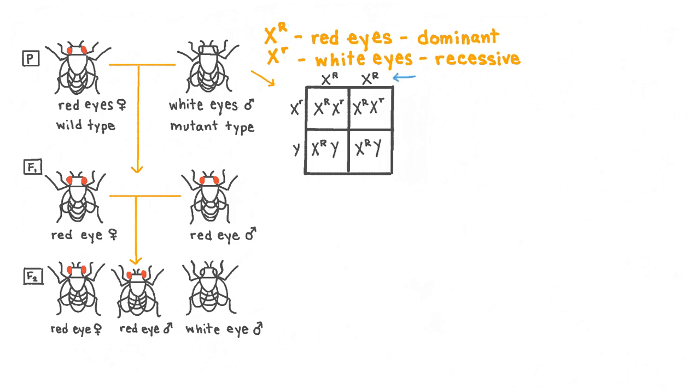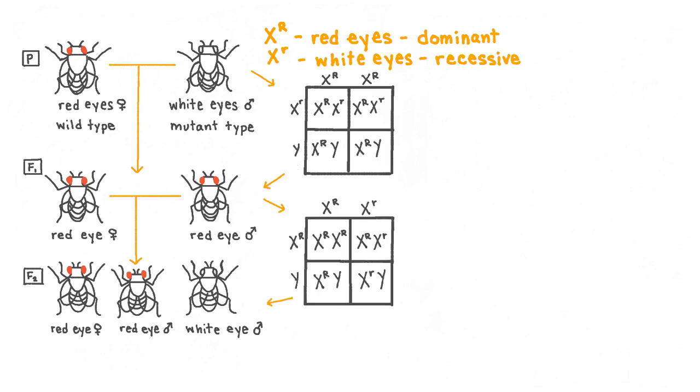So in this Punnett square of the P generation, we place the genotype of the red-eyed wild-type female across the top, and the genotype of the white-eyed mutant-type male down the side. Using a Punnett square of genotypes in the F1 generation, we're also able to accurately predict the outcomes of the F2 generation. All X-linked recessive traits are most likely to affect males, just as we see here.